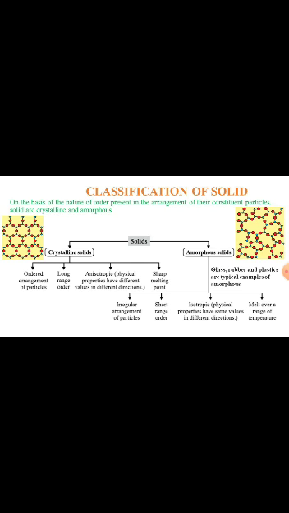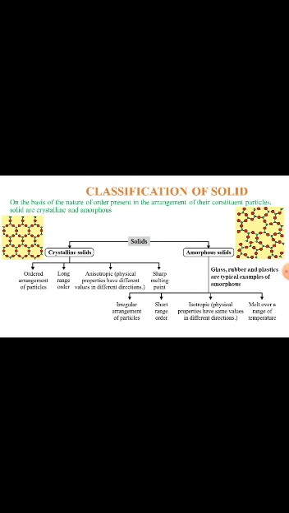Your left side shows the crystalline solid and right side shows the amorphous solid, and focus on the arrangement of particles. In crystalline solids, the particles are arranged in a regular way, and in amorphous solids, the particles are arranged in an irregular way. That is the basic difference between crystalline solid and amorphous solid.